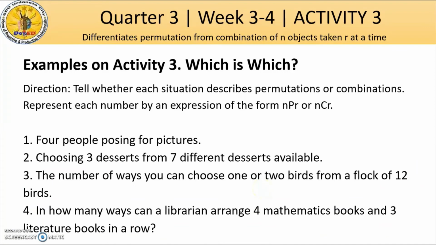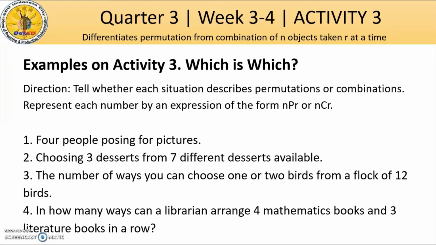Examples on Activity 3, we have Which Is Which. The direction: tell whether each situation describes permutations or combinations. Represent each number by an expression of the form nPr or nCr.